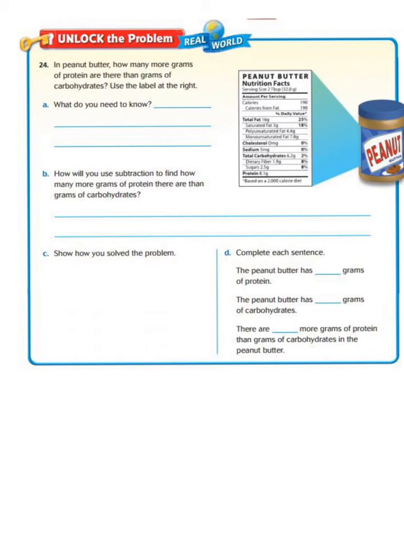It says, in peanut butter, how many more grams of protein are there than grams of carbohydrates? And we use the label at the right. And you see this is a label that came off of our peanut butter. So what do you need to know? Well, what we need to know is how many more grams of protein are there than grams of carbohydrates. So let's go ahead and put that in there.